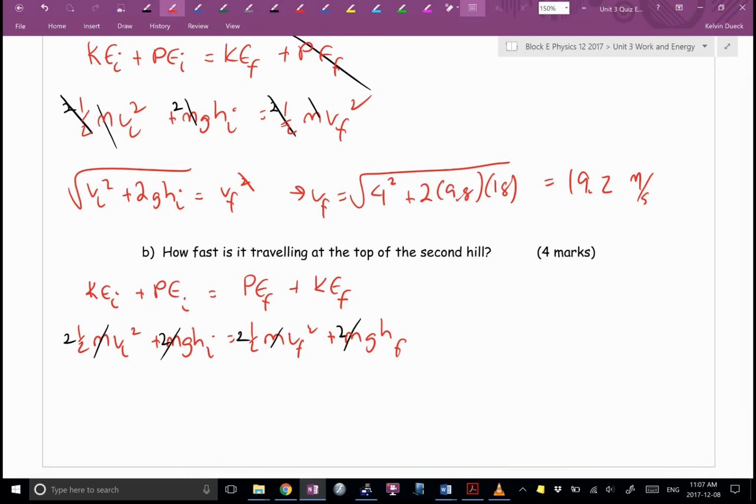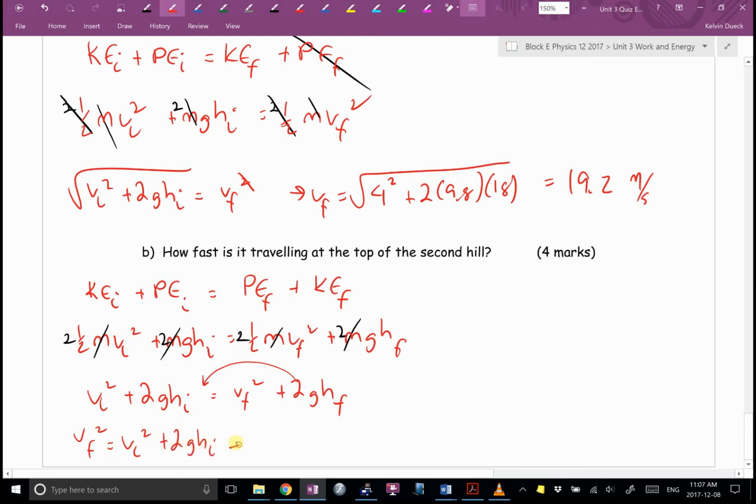And that's going to give me vi squared plus 2ghi equals vf squared plus 2ghf. I'm going to minus that to there. I didn't leave much room to write here. I'll get vf squared equals vi squared plus 2ghi minus 2ghf. How to get rid of a squared? Square root.